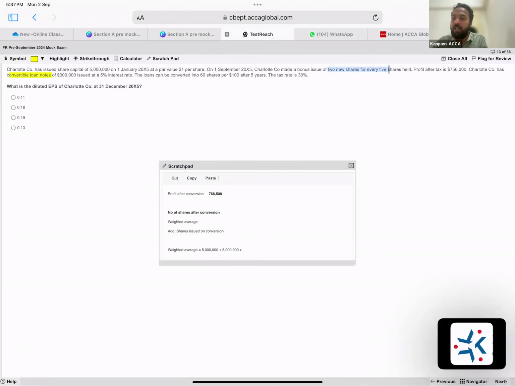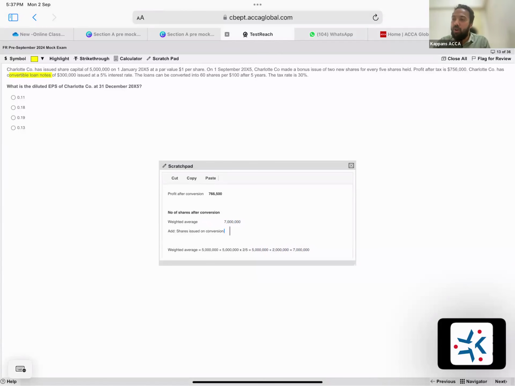So multiplied by 2 by 5. So 5 million plus 5 million into 2 by 5 equal to 2 million. So that is equal to 7 million. So weighted average number of shares is equal to opening plus bonus issue, 7 million.